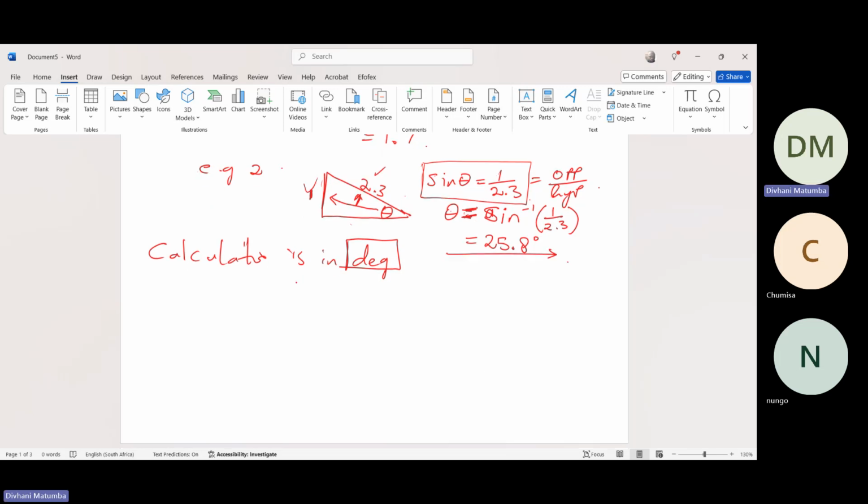Okay, let me give you one last example. And by the way, this only applies to right angle triangles. This only applies to right angle triangles.